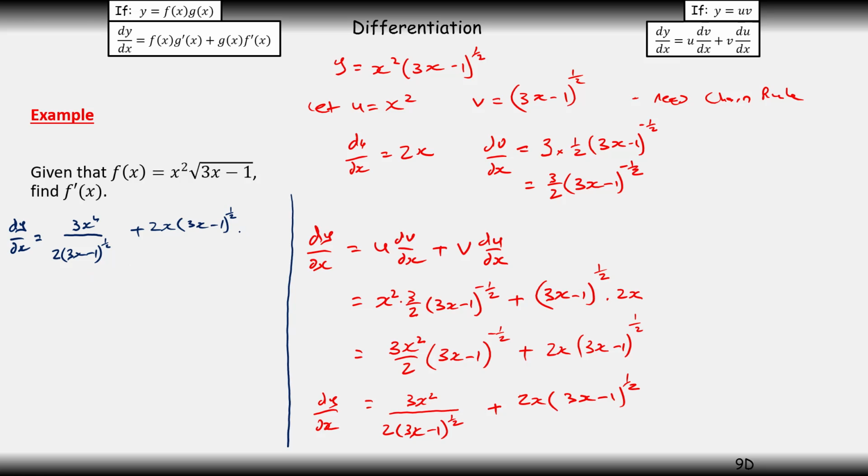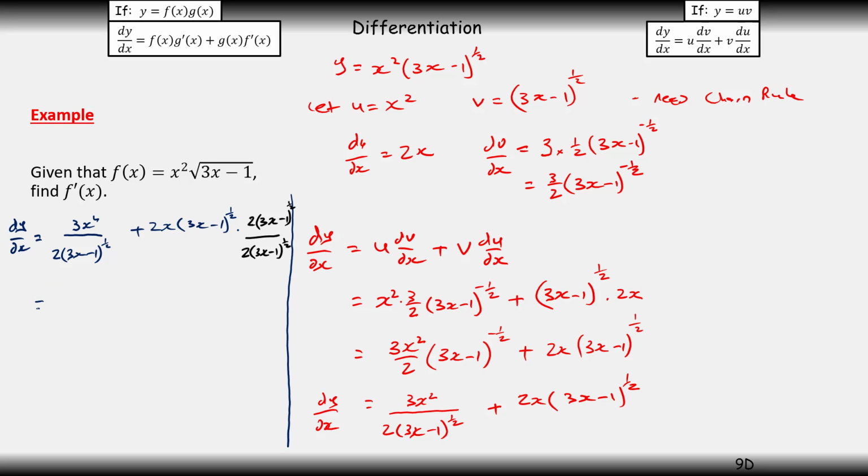So I can multiply this side by 2 brackets 3x minus 1 to the power of a half, numerator and denominator. So let's do that. Let's go black. So it's going to be times 2 brackets 3x minus 1 to the power of a half over 2 times 3x minus 1 to the power of a half. Let's go back to blue.